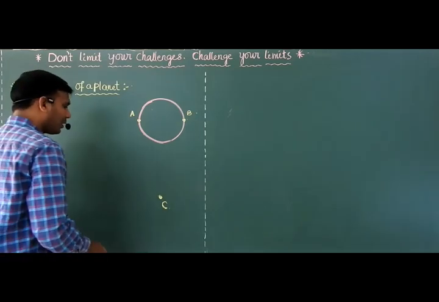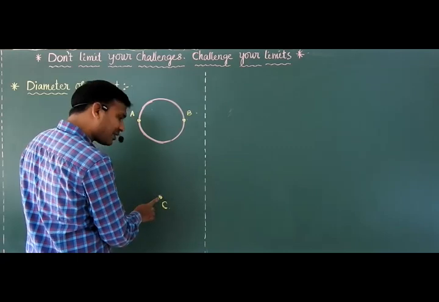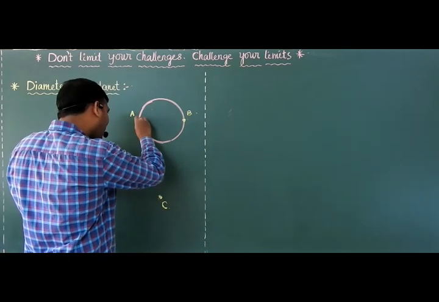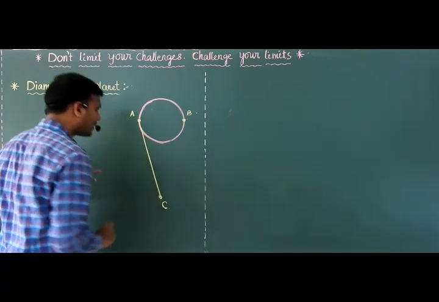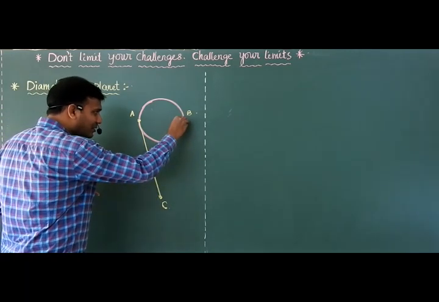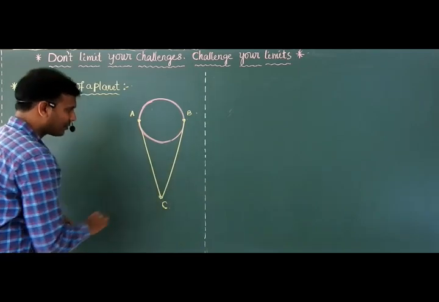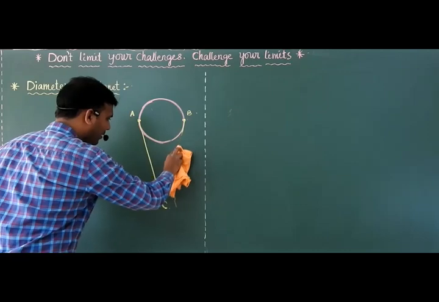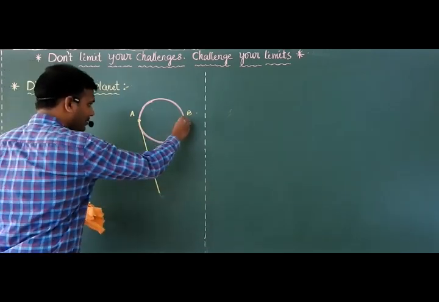Right? Then the person who is standing at this position is observing this diametrical point in this direction. Similarly, the same person is observing this diametrical point in this direction.